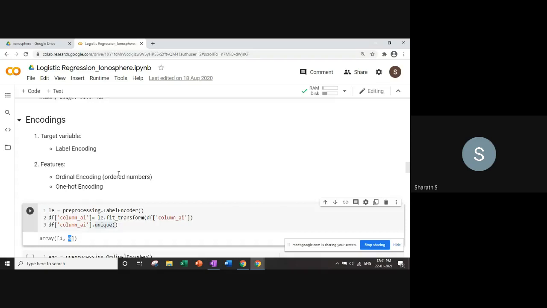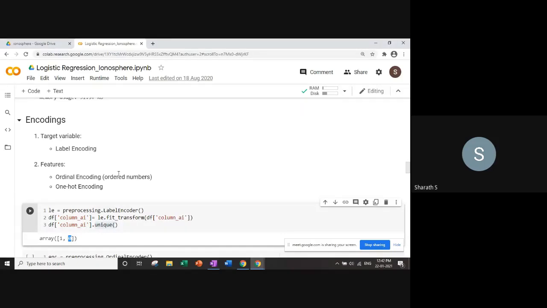you use one-hot encoding. In one-hot encoding, if some value is green, it says 1, 0, 0, meaning it is not blue, it is not red, but it is green. If it wants red, it says 0, 0, 1. So it does not encode with a single number, but is bifurcated into 3 different variables.